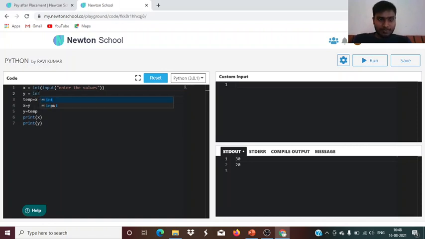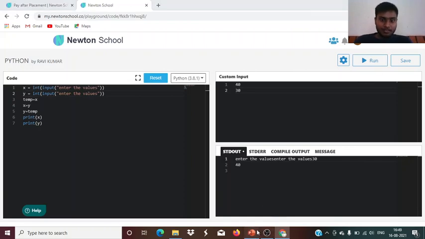We take x as 40 and y as 30. Now we swap the two numbers, x comes y and y comes x, and that is the output of swapping two numbers.